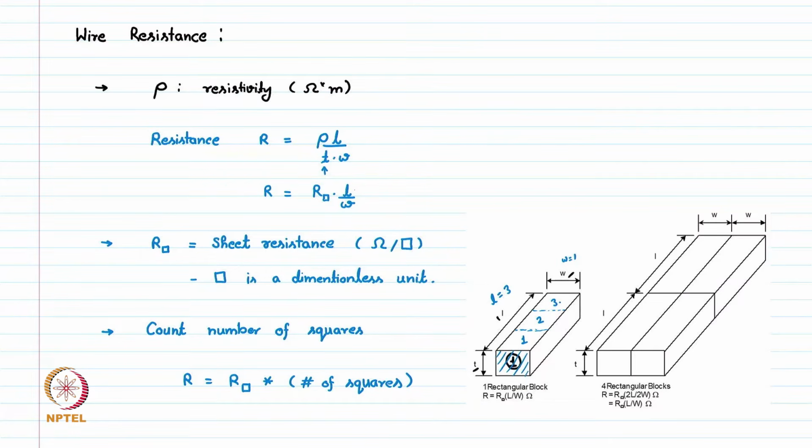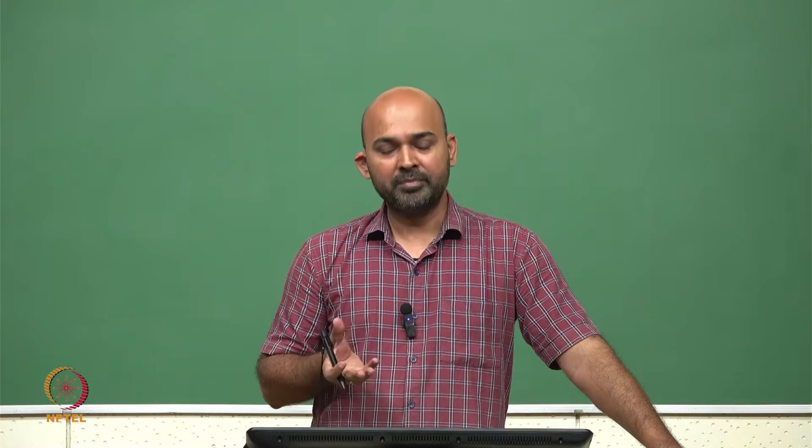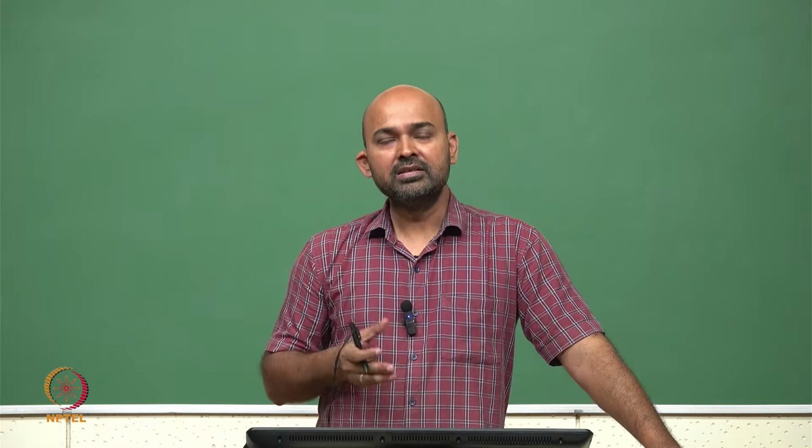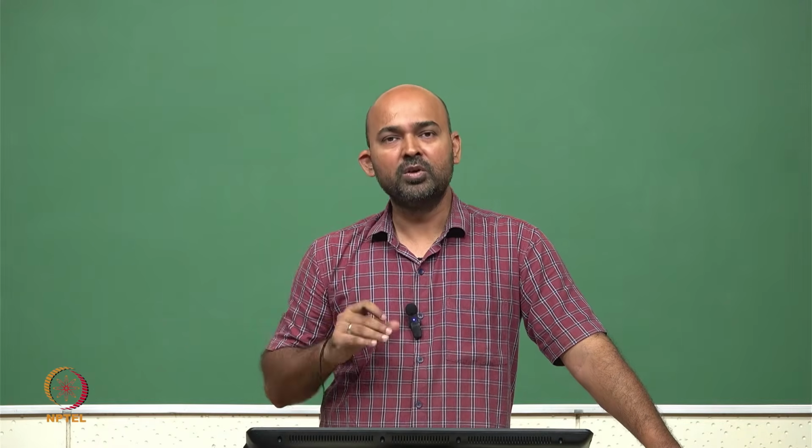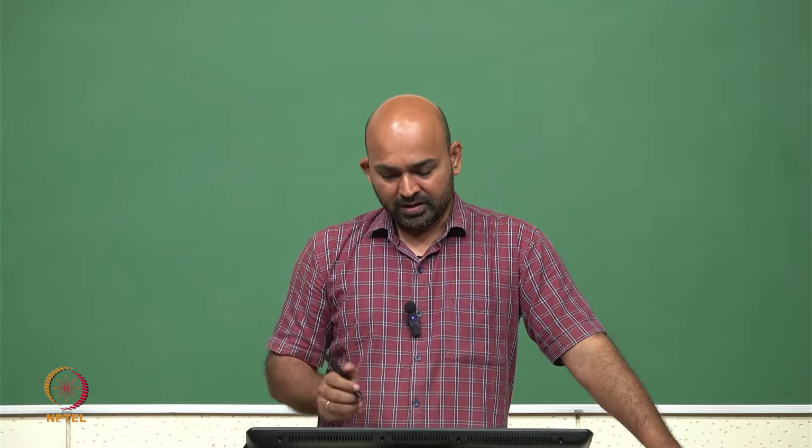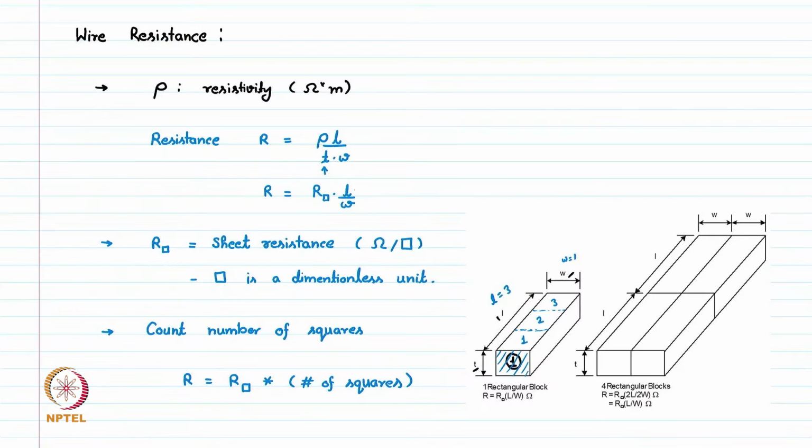So the resistance of this wire is going to be only 3 times the sheet resistance of that particular metal. The sheet resistance is a constant number, dependent on the resistivity of the material, which is fixed, and T, the thickness of the material, how much we coat, is also generally fixed. So we can just count the number of squares and get the resistance of that wire. In this case 1, it is 3.